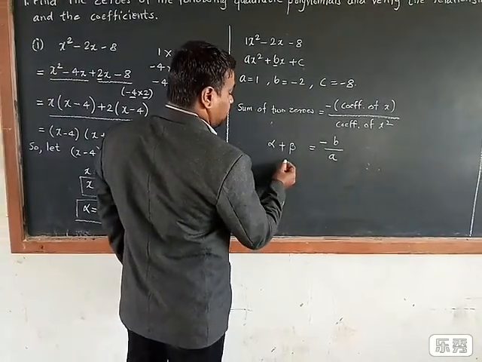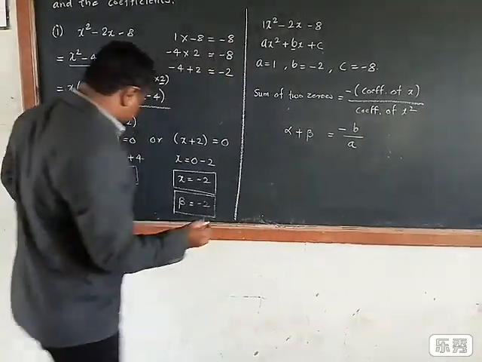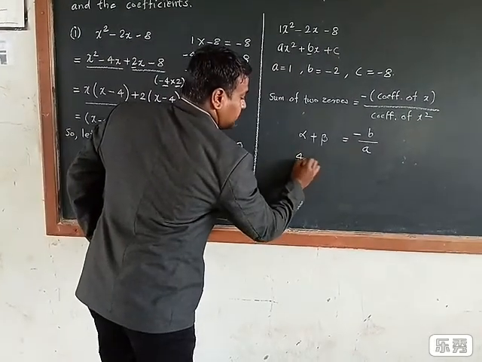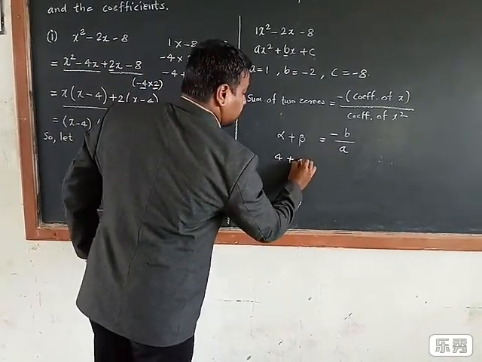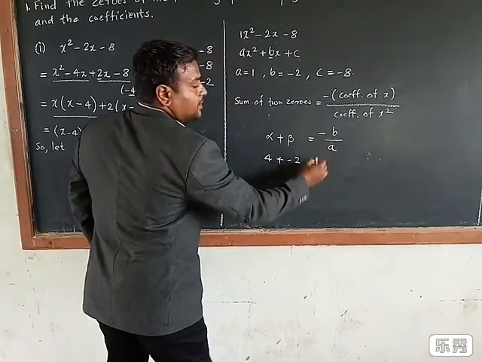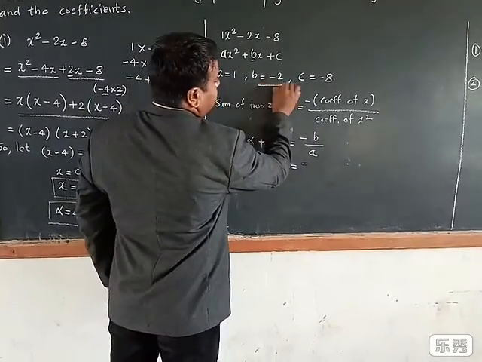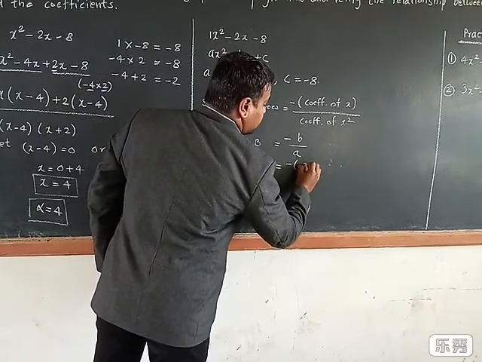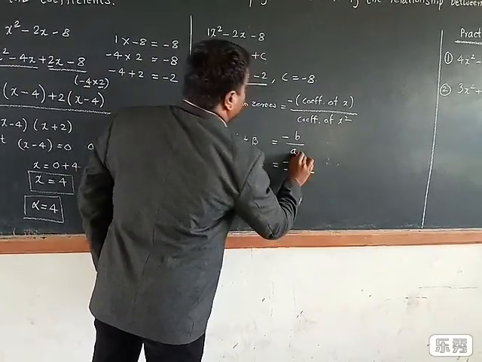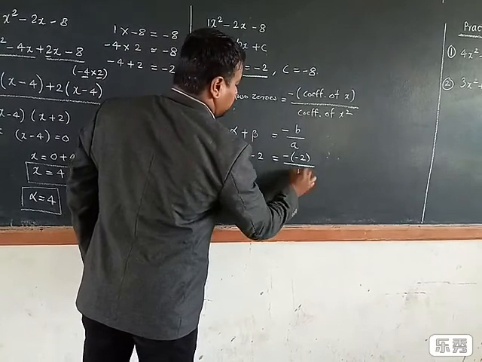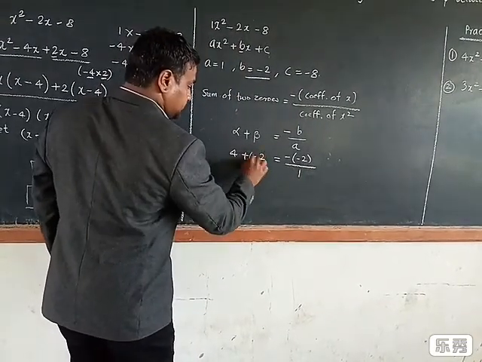Let's put all the values in this equation. Alpha is 4 plus beta is minus 2, equal to minus b, where b is minus 2, so minus of minus 2, upon a, which is 1.